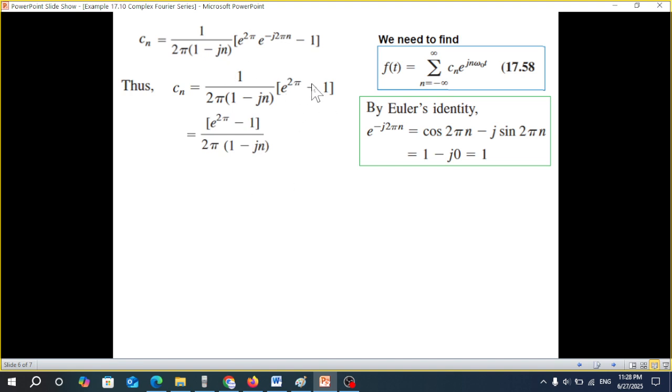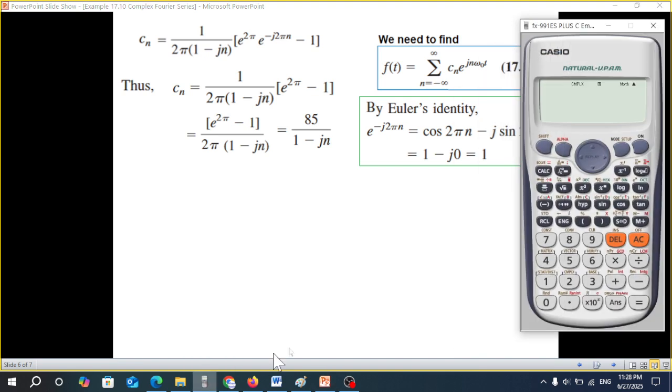and we take this as a numerator. Now this term is a complex term, so we have to separate this. Okay, and now if you solve this portion with the calculator, you should get 85. Now let's see, we go to this fraction part.